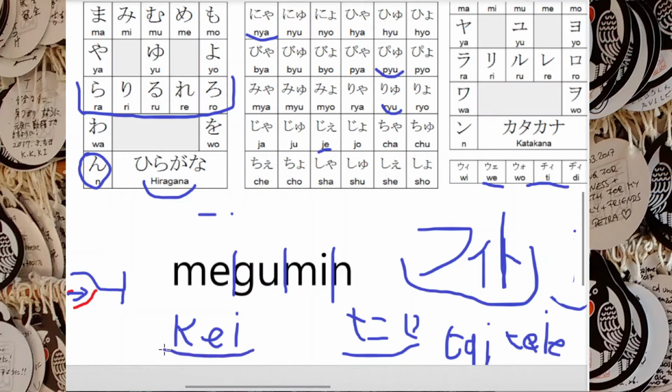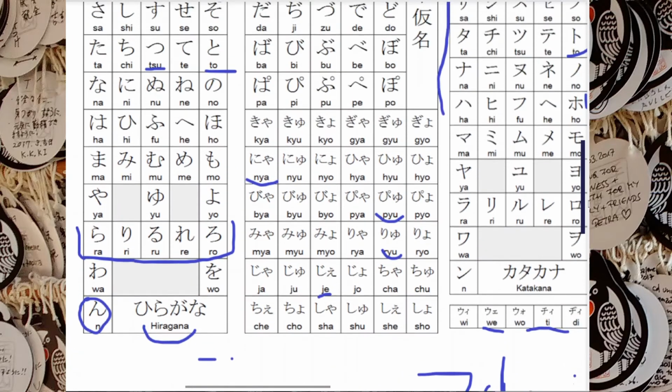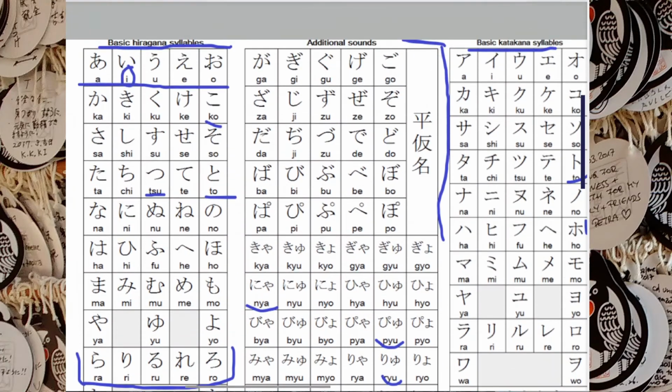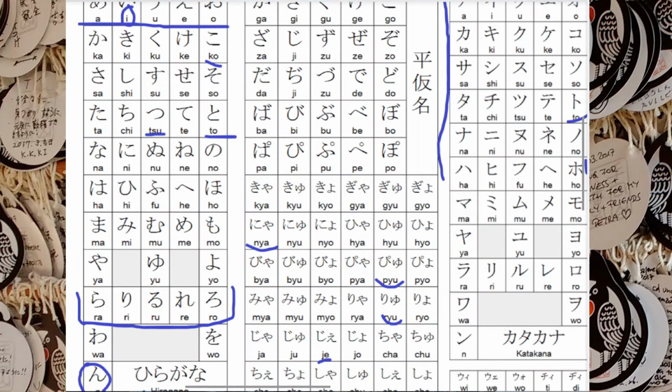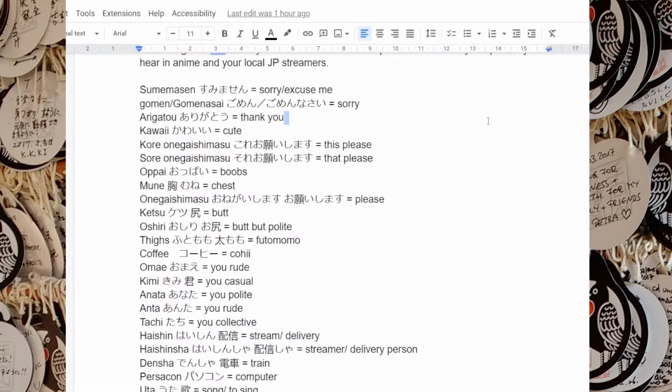Again, the same with this one. Instead of ki, it's ke. So the I and the E at the end make a different sound. They're different. So ke-chan. Ke, not ki-chan. Remember that for next time. And there you have it. So yes, that's how you pronounce all these words. There we go.